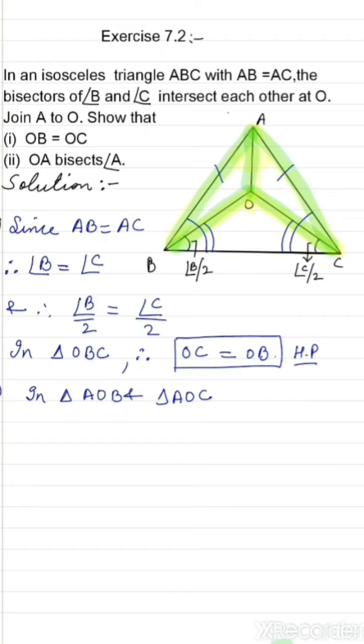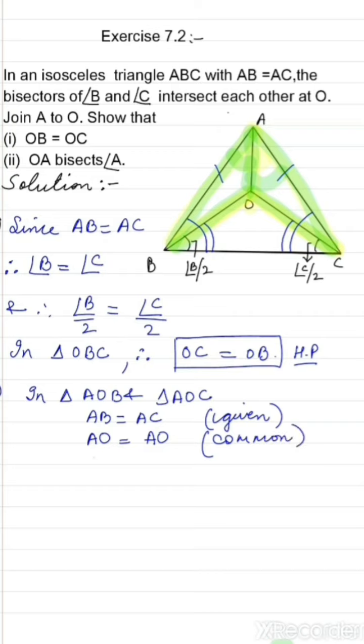Hence, by CPCT, angle BAO is equal to angle CAO. This is what we are going to write. So in triangle AOB and triangle AOC, AB is equal to AC, in the bracket you will write given, AO is equal to AO common, and OB is equal to OC.